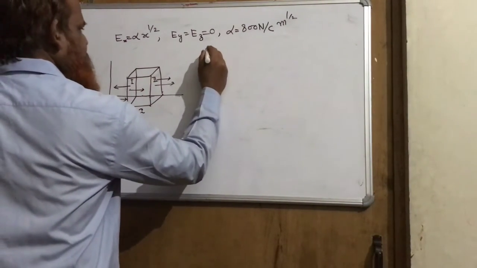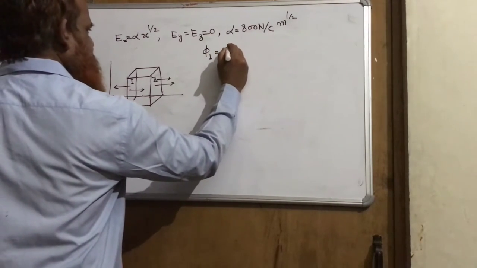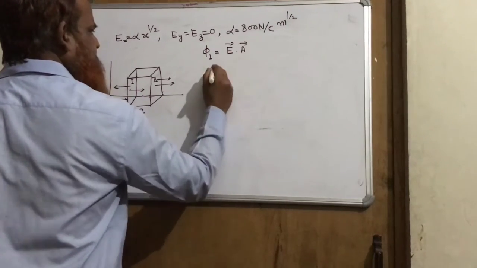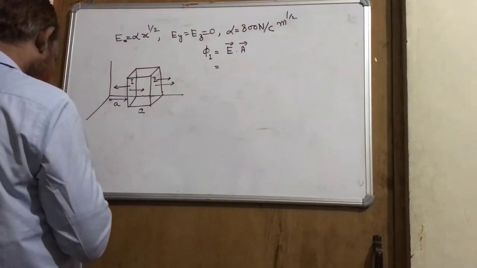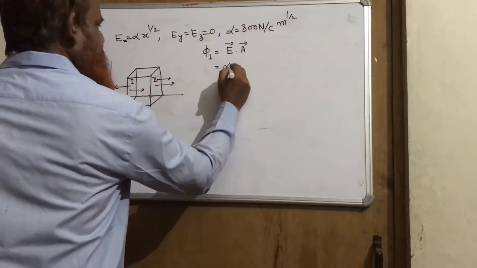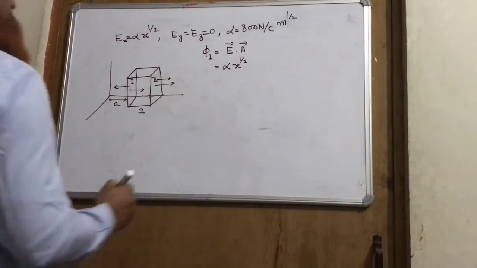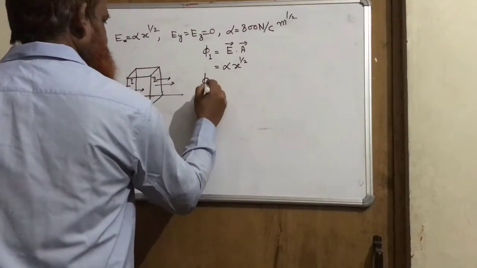At the first surface, the flux is E dot A. Here the electric field is alpha x to the power half.